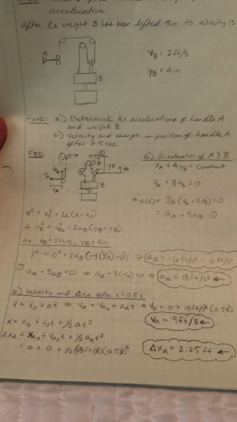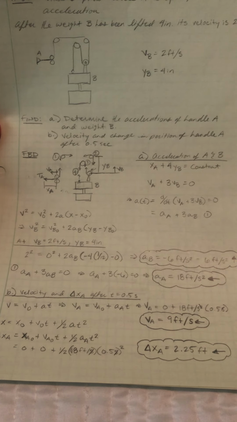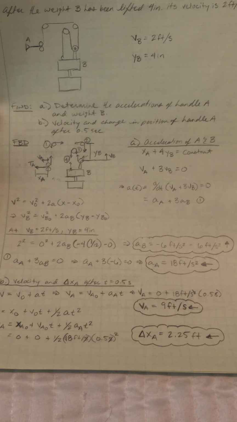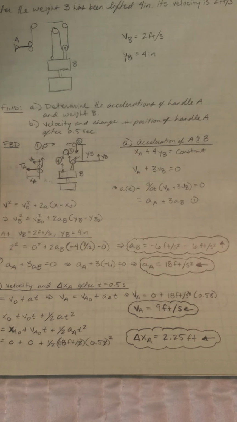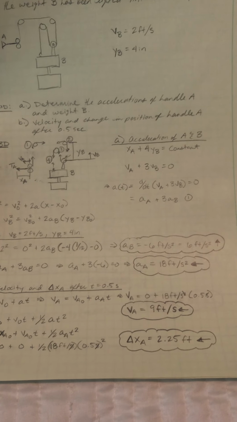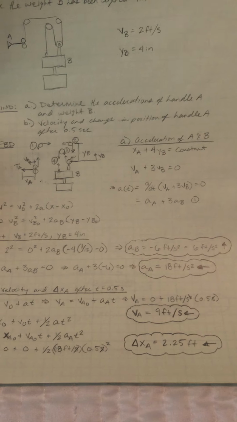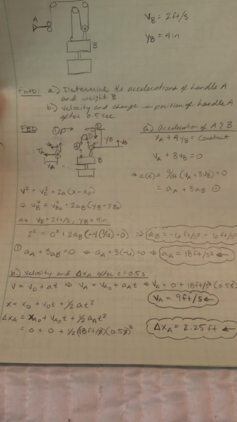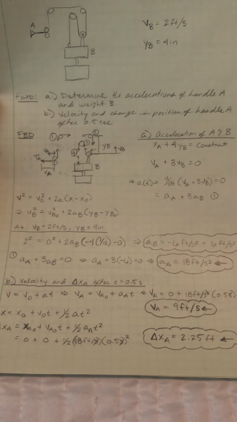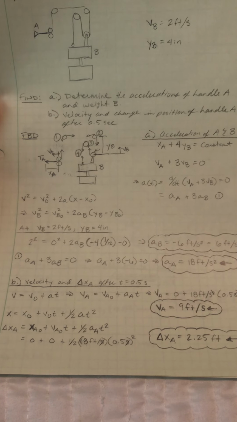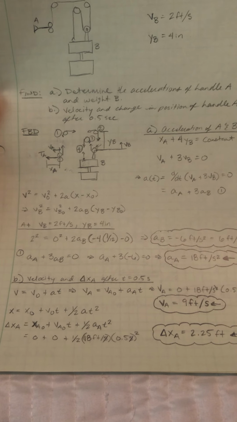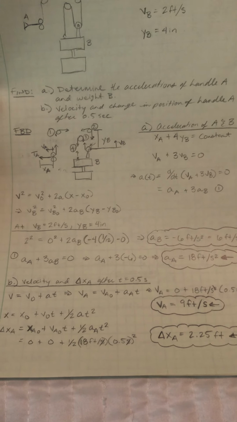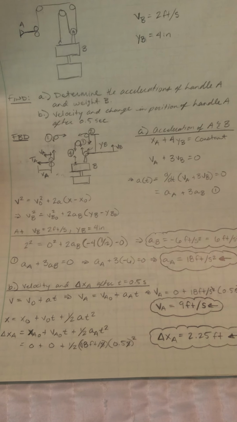Using the equation v equals v naught plus at for part B, we are able to find that the velocity at A is equal to 9 feet per second, plugging in the values that we found in part A. Then using the change in position function, delta xA is equal to xA naught plus vA naught times t plus 1/2 acceleration a times t squared.